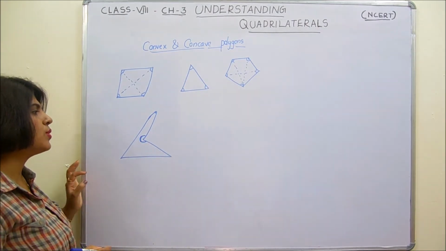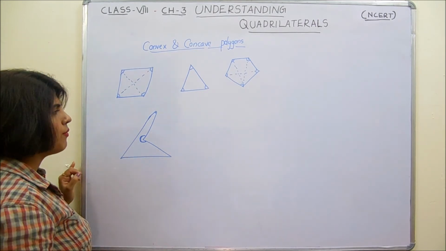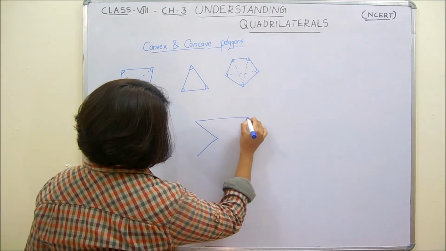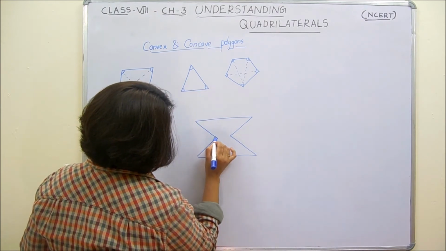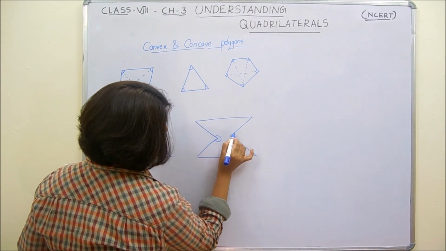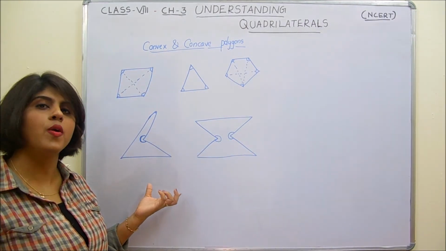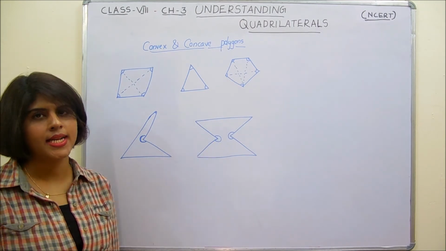Isn't it? So this is an example of a concave polygon. If we are considering another example, here also you can see that two angles are more than 180 degrees. So in a concave polygon, at least one interior angle should be more than 180 degrees.